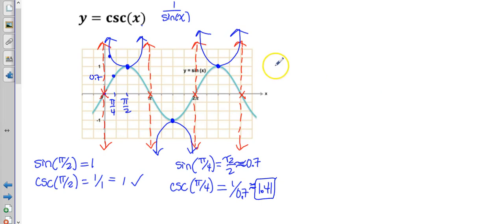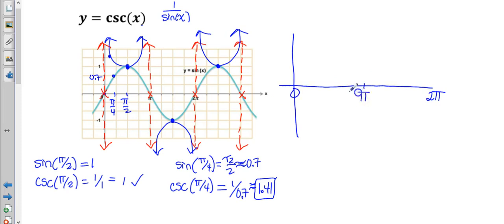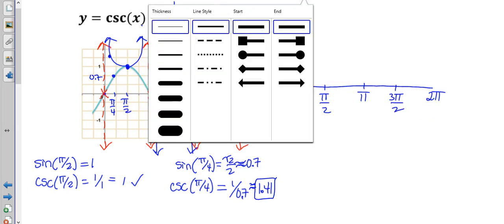Let's now ditch the sine wave and see what it looks like all by itself. So let's get rid of sine. We're going to go 0 to 2 pi, cut it in half, cut it in half again. Now I really want you to visualize, let's decide where the asymptotes are first.